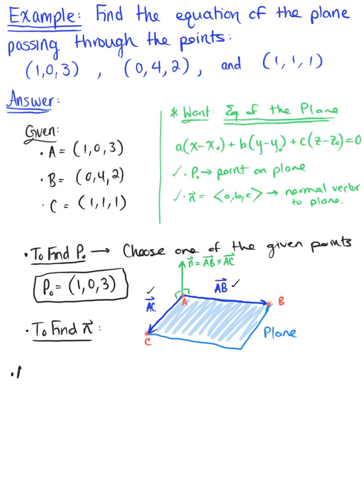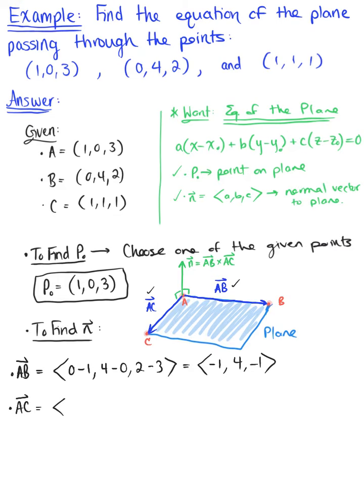So here we go. Vector AB, again, terminal minus initial. So this is going to be 0 minus 1, 4 minus 0, and 2 minus 3, which leaves us with the components -1, 4, -1. And similarly, we want to find the vector AC.